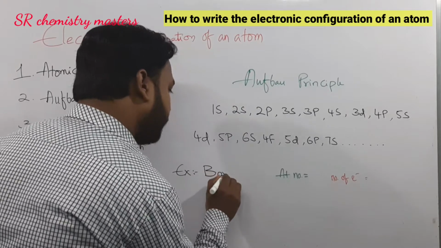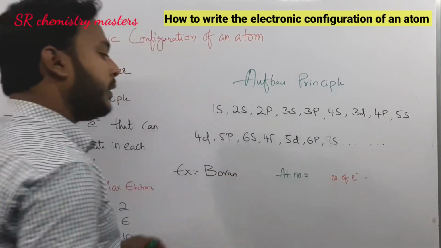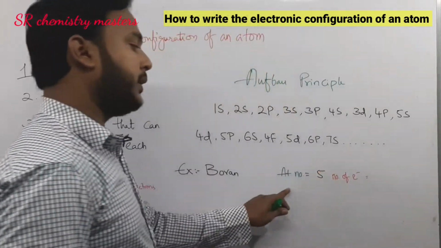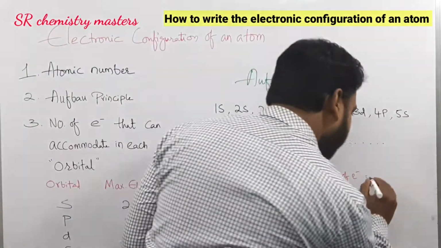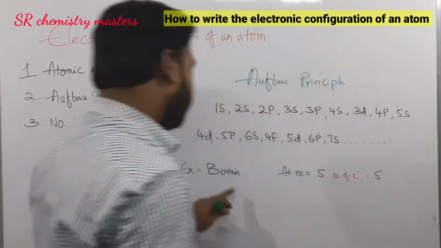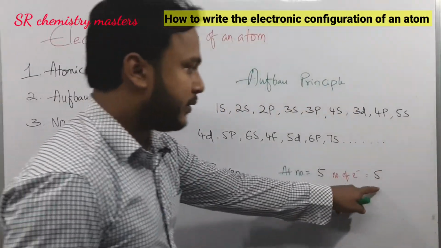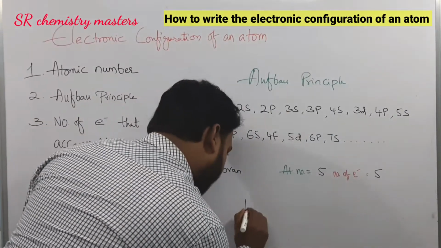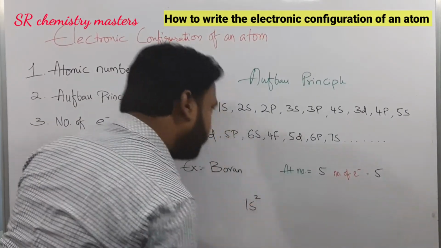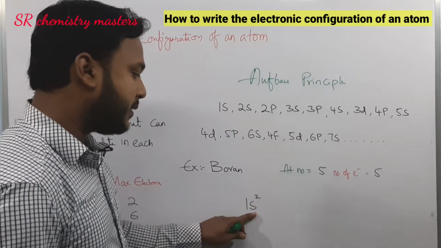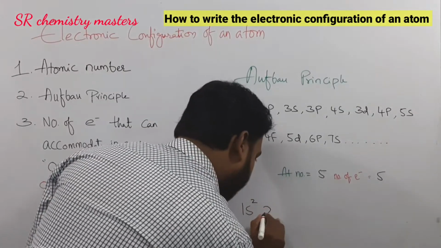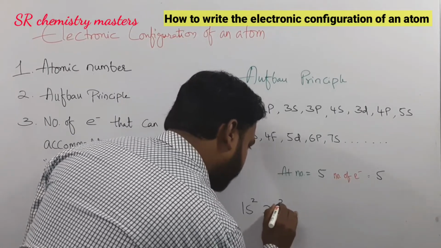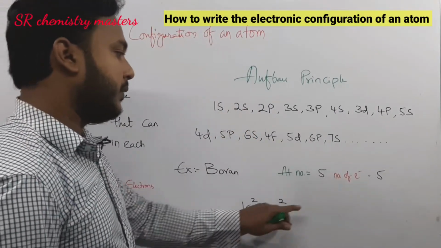Let us take one more example: boron. Boron has the atomic number 5, so the number of electrons will also be 5. Now let us distribute these 5 electrons into the orbitals in this order. 1s2, the 1s orbital is completed. Then the electrons enter 2s2.